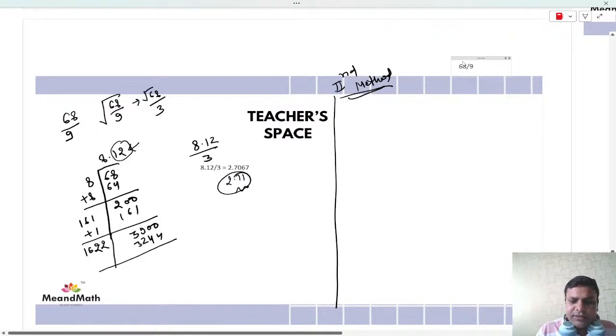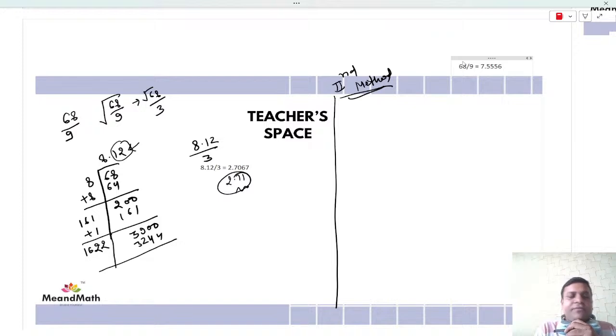It's not 3, it's 9. So this is 7.5556. Actually, it's a rational number. Its division is not completed. It's a non-terminating repeating number. So the last digit है उसको round off करके 6 कर दिया है.